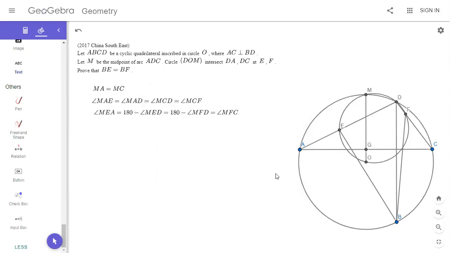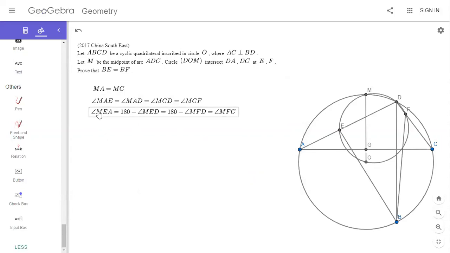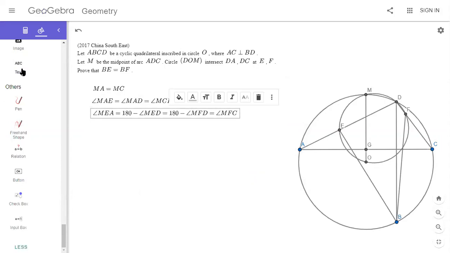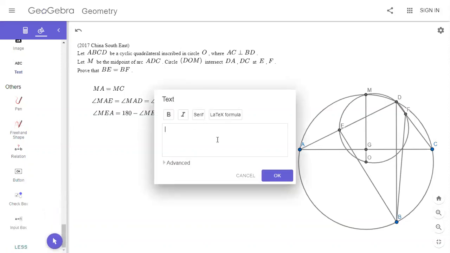Okay. And so from there, since two of the three angles in those triangles are equal, the third also has to be equal. So we have angle AME is equal to angle FMC. And so those triangles are congruent by angle side angle.